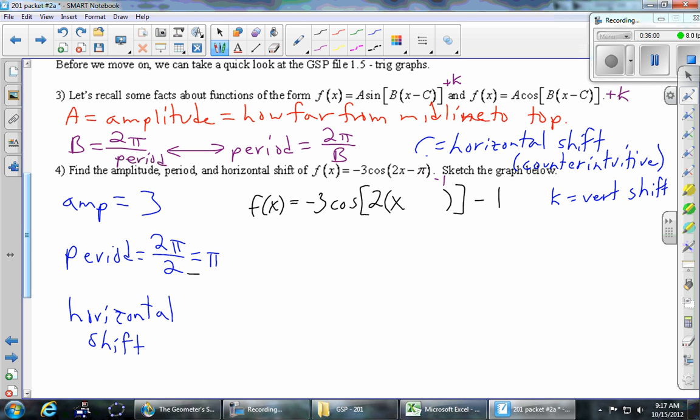X, that's the goal. That's why you factored the 2 out, so it's just x. And then it's kind of weird to think of factoring 2 out of pi, but we can. What is there? It's pi over 2. And if you don't buy that, then just go ahead and distribute the 2 back through, and you'll see that 2 times pi over 2 gives us the pi that we had at the start.